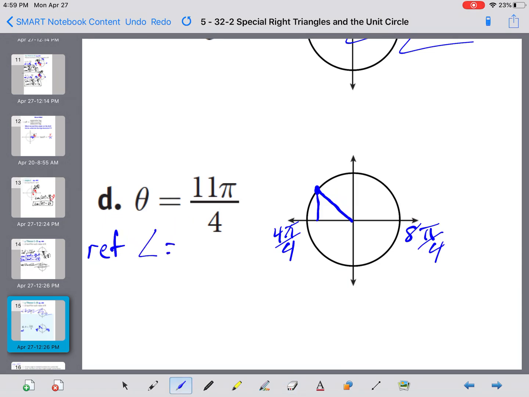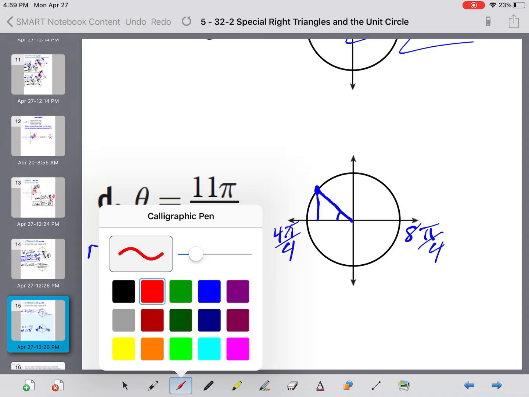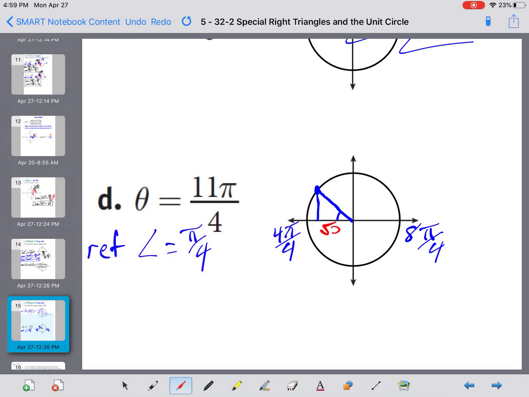Distance from that terminal side to the x-axis is pi over 4. That angle right there is pi over 4. So that's the same as the 45, 45, 90. So the sides are root 2 over 2 and root 2 over 2. So the xy value at this point, now be careful, watch out for your signs. It's going to be a negative x, negative root 2 over 2, and a positive y.